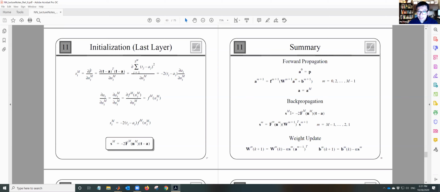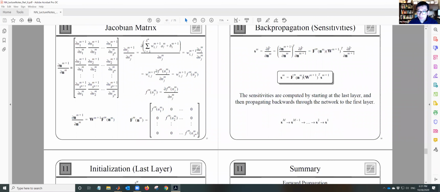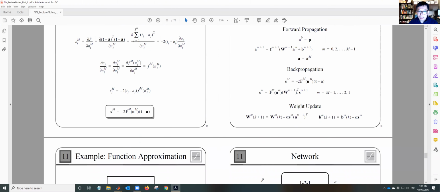Based on the sensitivity in the last layer, using this equation, you propagate backward, because you know the sensitivity in the last layer, the transfer function, and your current weight. You propagate it to the previous layer. Once you finish calculating all the sensitivities, you update all the weights. When you finish updating, you propagate forward again, and then the next iteration, you do it again. This goes on until it converges.